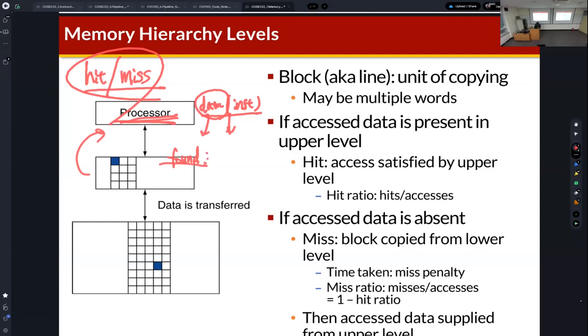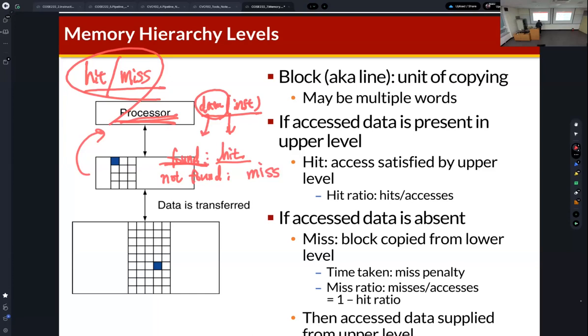This is the very good case, and this case is called a hit. In the predictor, if the prediction result is the same as the real result, it's a hit because it's a good case. But if data is not found, this is called a miss.